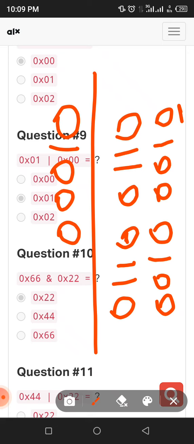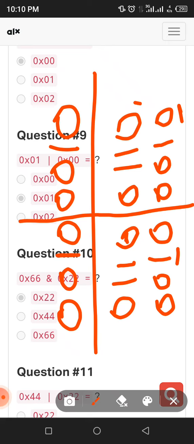Then this and this, one meets the condition but the other one does not, so 0. And this one too, the same thing, so 0 for them. So we count 1, 2, 3, 4, and slice it like that. So you can see, 0, 0, 1, 0 stands for what?